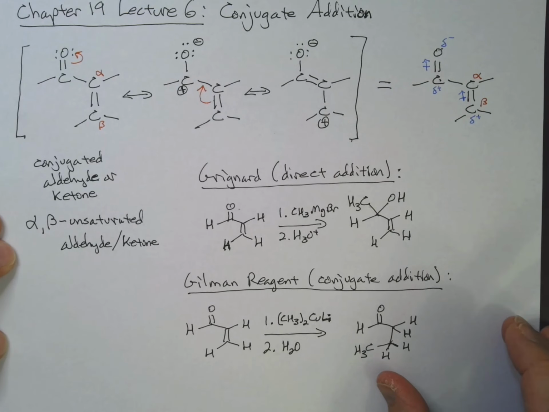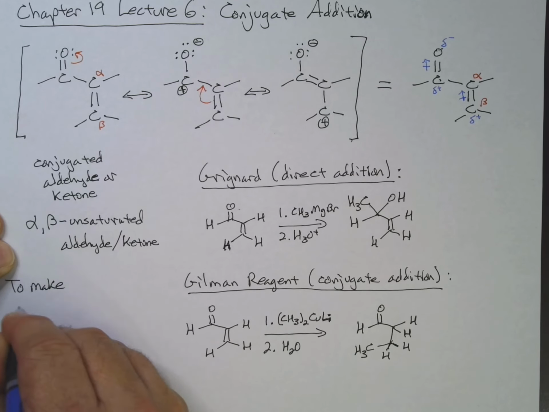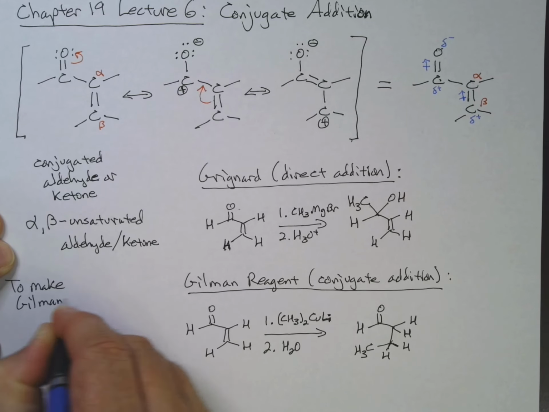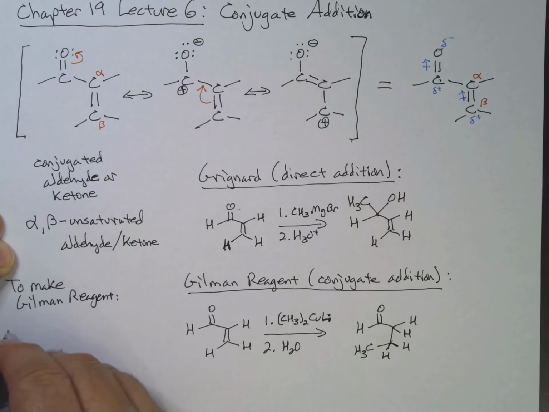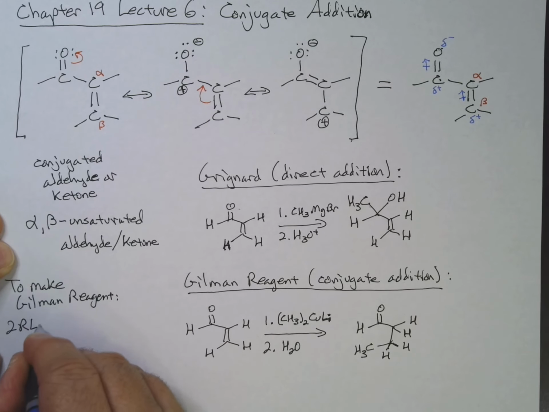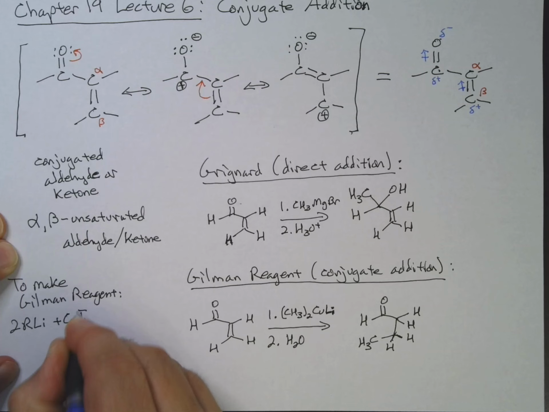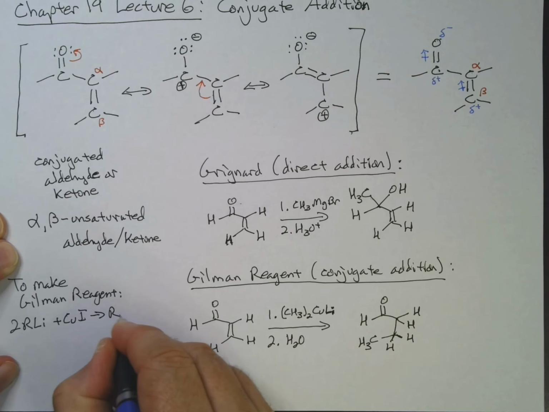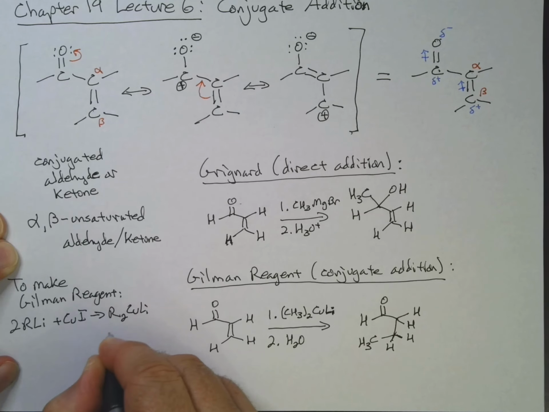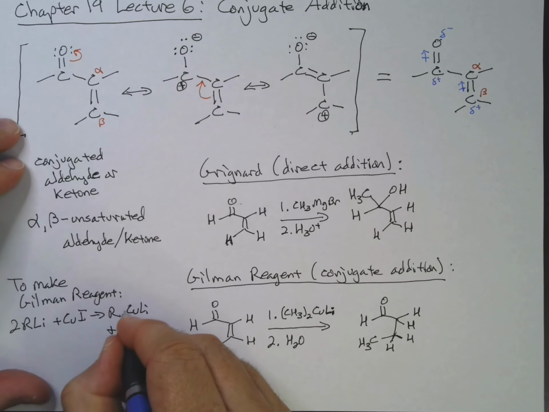First of all, let me just mention, to make the Gilman reagent, we would take 2 equivalents of some alkyl lithium. We'll go ahead and react that with copper(I) iodide, and we'll get R2CuLi plus LiI, lithium iodide.